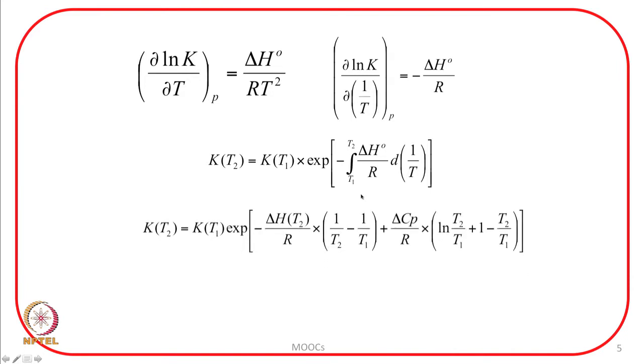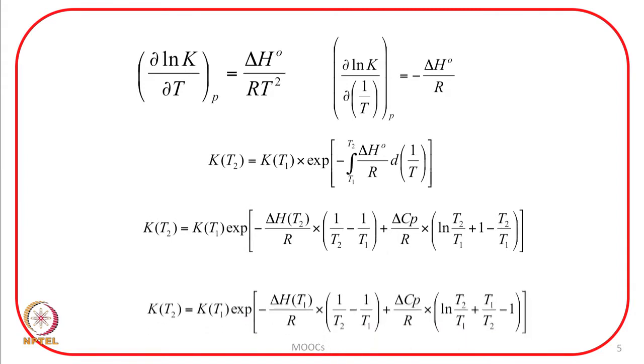And then it is possible to arrive at these two kinds of equations where we express the temperature dependence of the values of K. I will just explain one of these and the other you can try yourself.